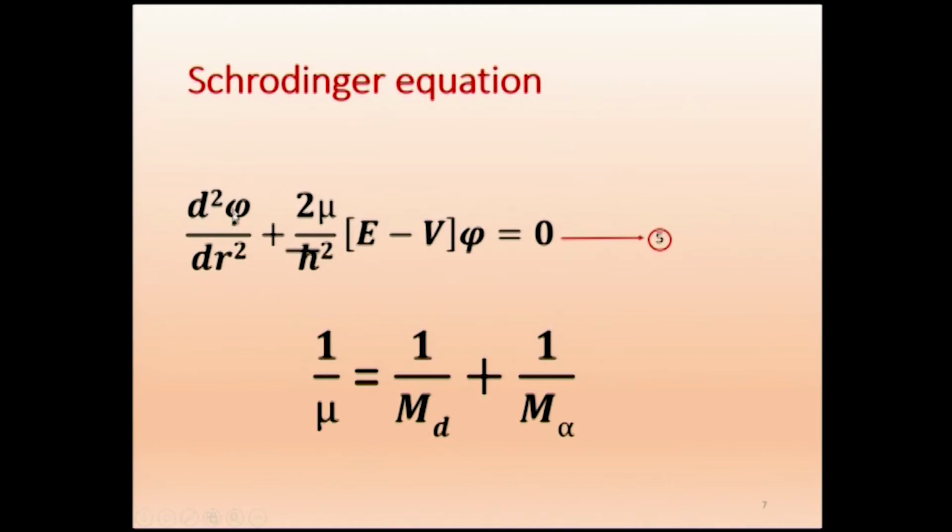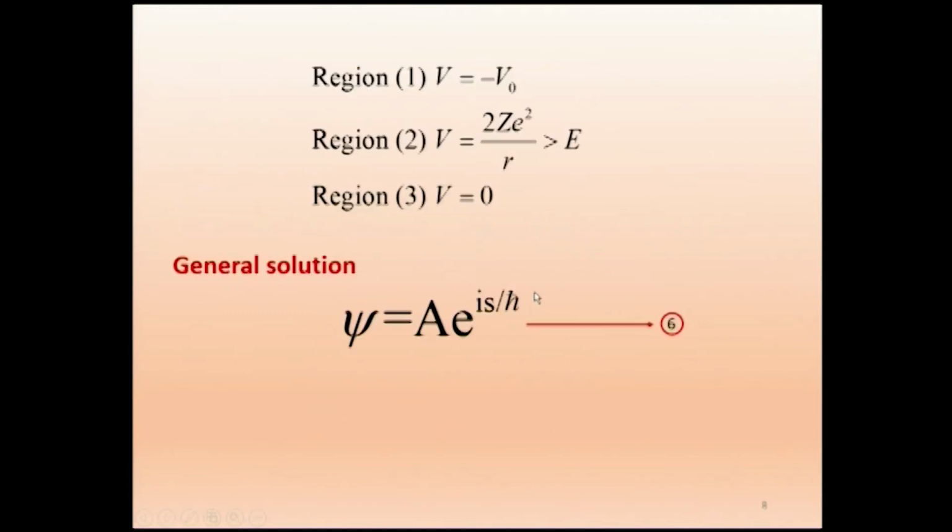So we require double differentiation of the wave function psi, A e power i s by h cross, to get the second derivative, and then substitute in equation 5. Keep this in mind, as that is what we are going to do now.